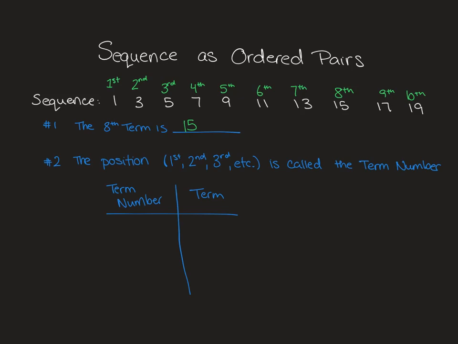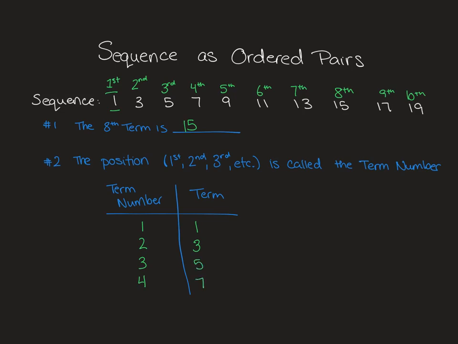So if we were to fill it in for, say, the first 4 numbers, our first 4 term numbers would just be 1, 2, 3, 4, and then our terms would be what happens in that place. So in first position, we have 1. In second position, we have 3. In third position, we have 5.